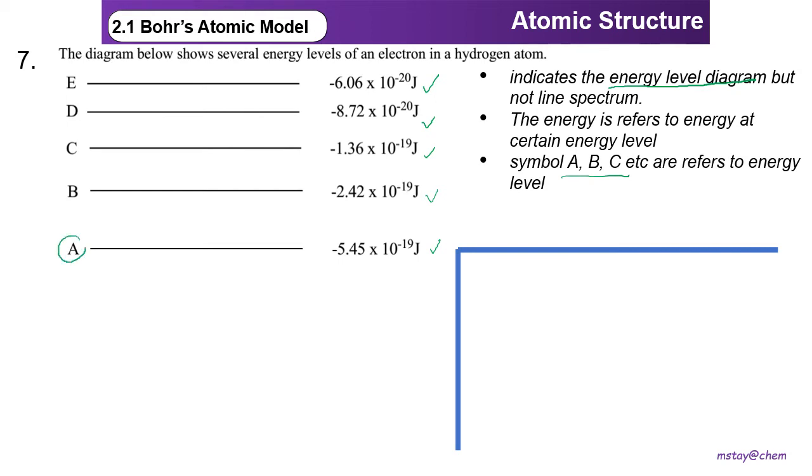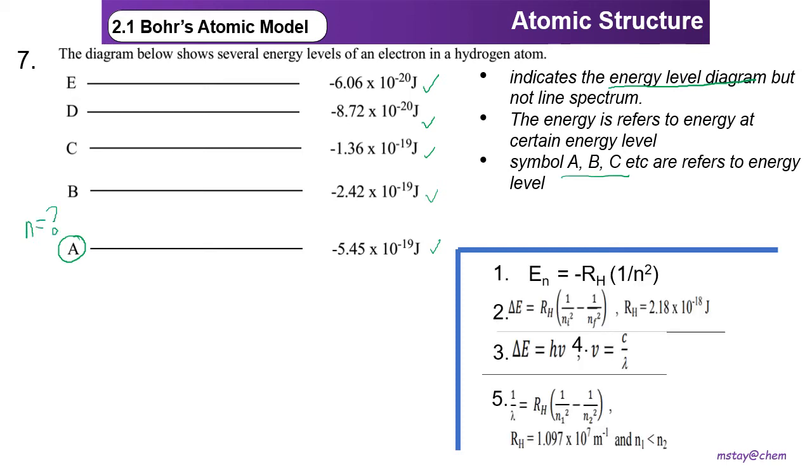If you want to know the energy level for A, you can use the first formula to determine it, because from here we are given the energy, and the Rydberg constant is a constant value. So now only one unknown is left.